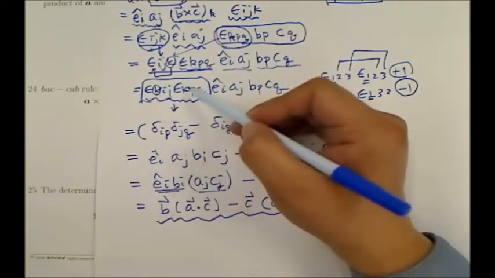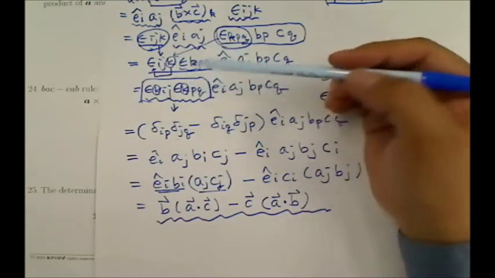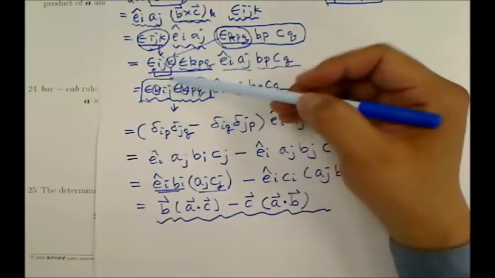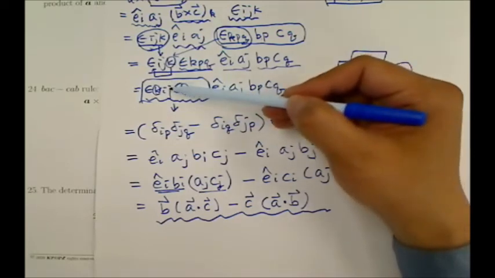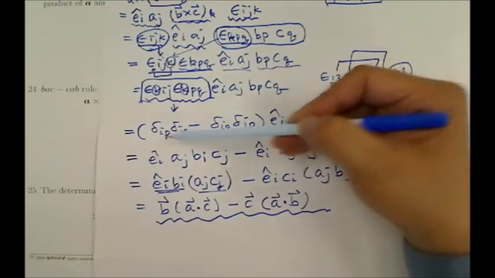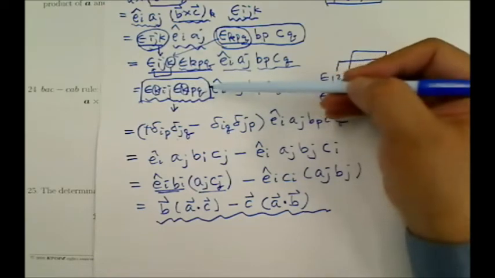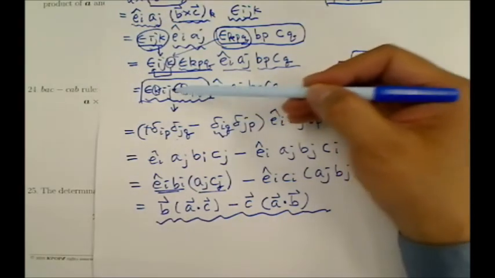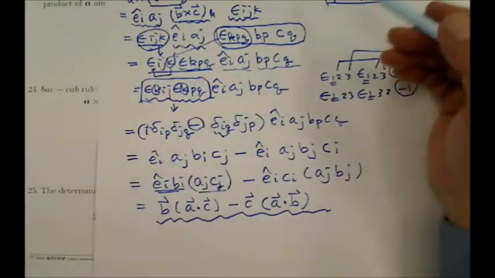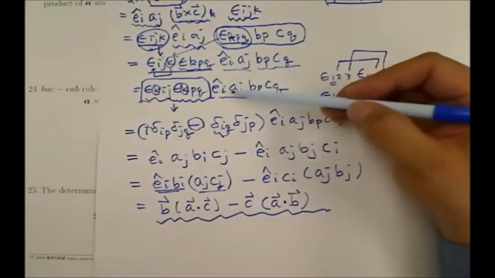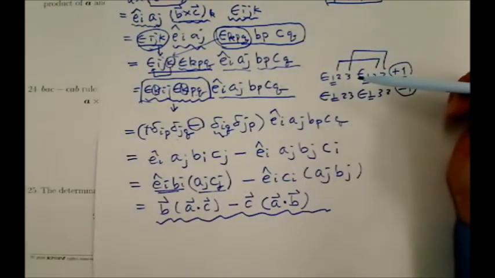And if one index is repeated, we had a formula. That formula is delta ip delta jq, which has a positive sign. When they are exchanged, delta iq and delta jp, it has a negative sign on it. And then we copy e_i, a_j, b_p, c_q in here.